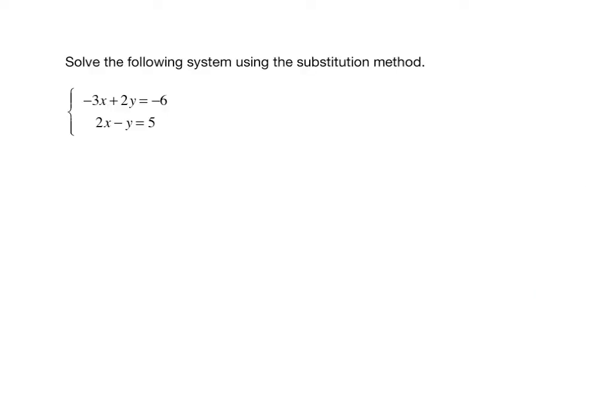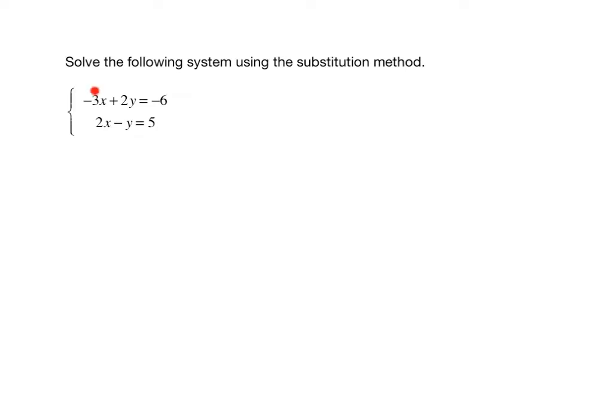Solve the following system using the substitution method. So we've got this here. Now the first step in the method is to isolate one of the variables in one of the equations. So you can choose to isolate this x, this y, this x, or this y. It's completely up to you, but we want to choose in a way that makes it easiest for us.